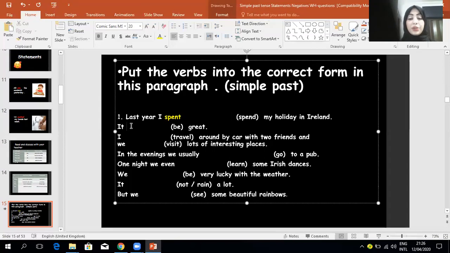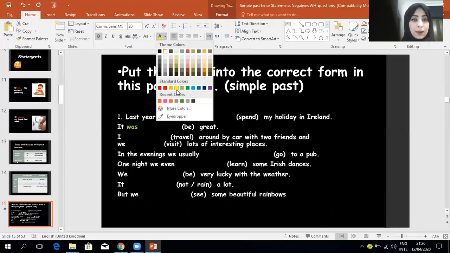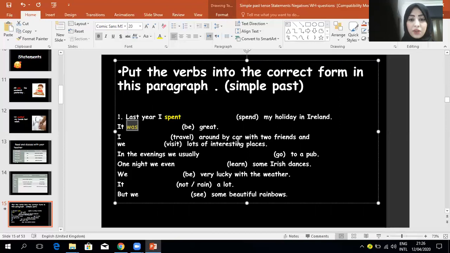It be great. The verb here is be. Be is an irregular verb, so I change it into was. I travel around by car with 2 friends and we visit lots of interesting places. So I traveled.